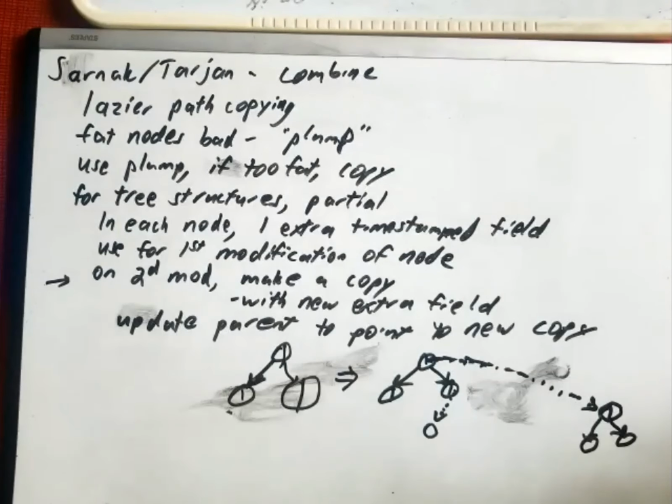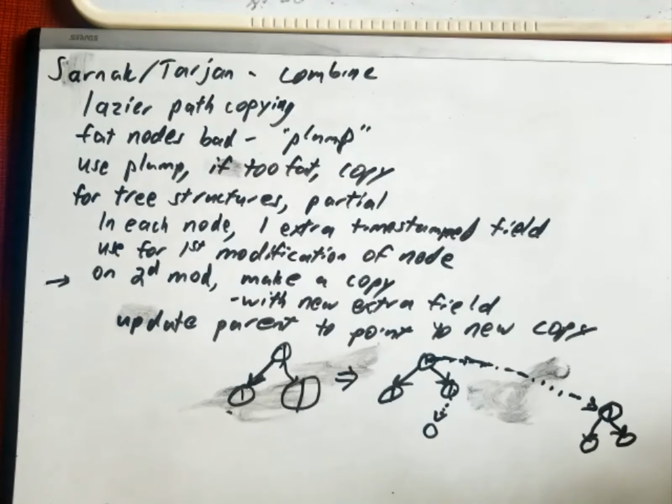Just a quick question, in the new timestamp field for the root node, would that also have to point to the left child? Absolutely, right? So, no, sorry. The new timestamped field does not, but the root node has the original fields of the data structure plus one extra timestamped field. So the other fields still point at what they used to point to.